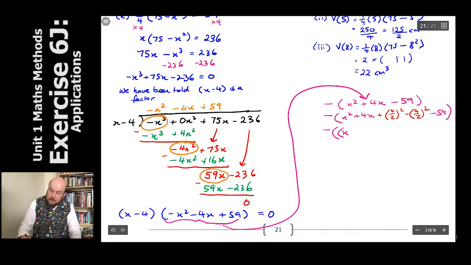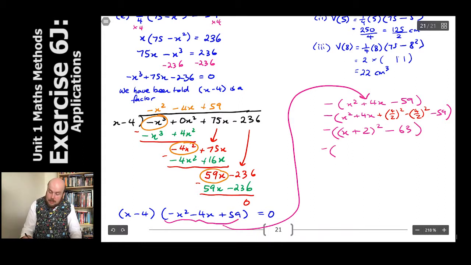That's going to become x plus 2 squared minus, this is going to become 59 take away negative 4 over 2 squared, so that's going to be negative 4, so that's negative 63.